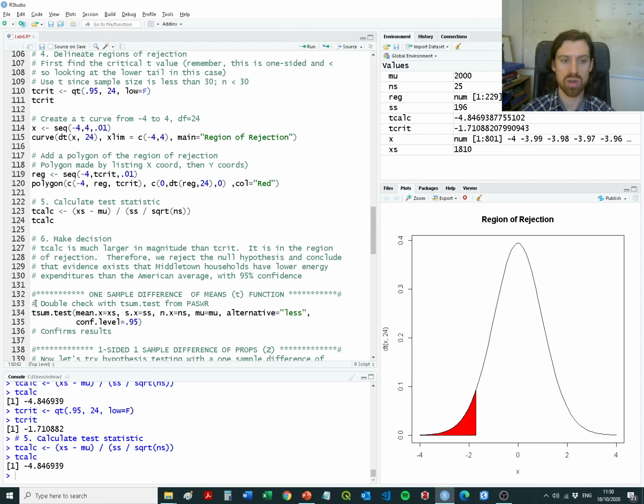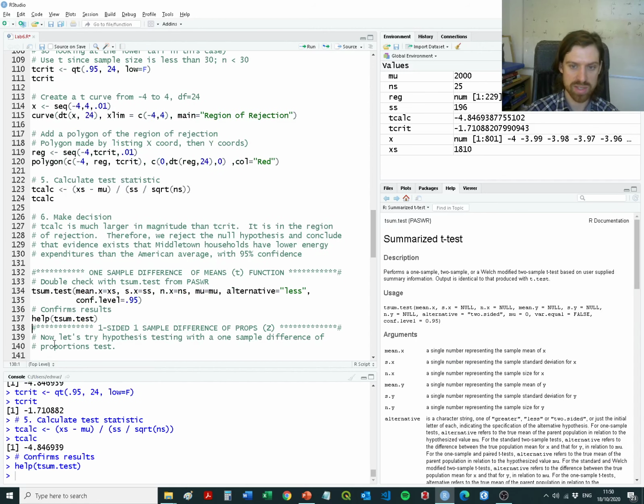So here, basically, the tsum.test. Let's enter it into the help menu to see what it says. This is a summarized t-test, and basically, if we run this, we're giving it the sample mean, we're giving it the sample standard deviation, we're giving it the number of samples that we have, and the population mu.